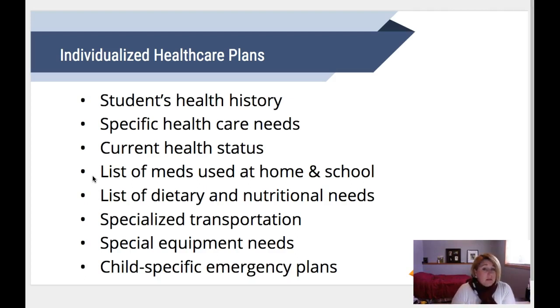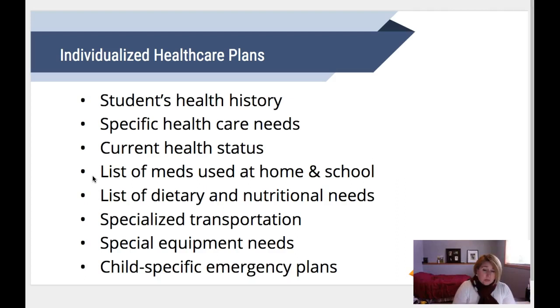Maybe you need the student to be sitting in a chair like that while they're eating. Maybe they need to be positioned differently throughout their day to prevent sores. You get pressure sores if you stay in one position for too long. And if an individual isn't able to move independently, they're going to need the support of someone to make sure that they are being repositioned so they don't end up with those sores.